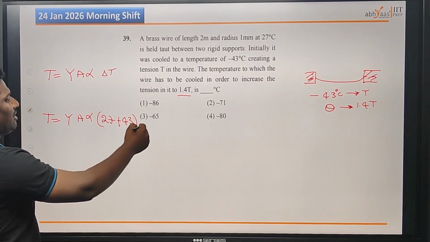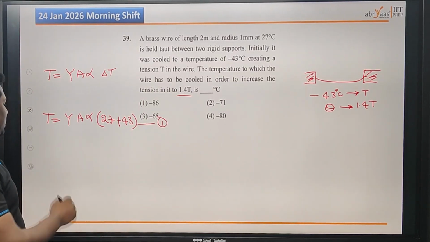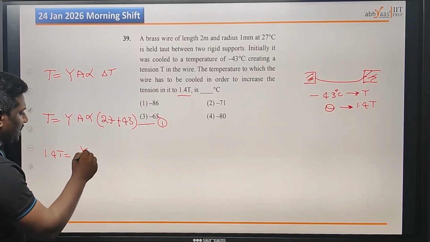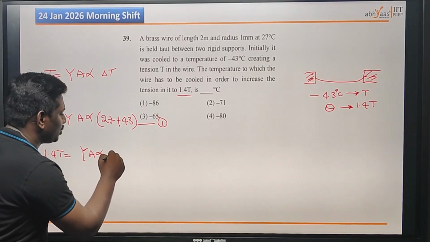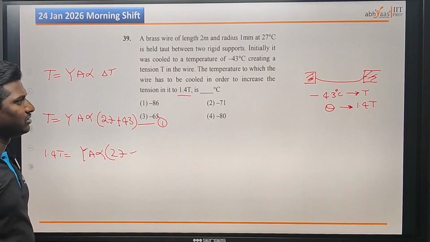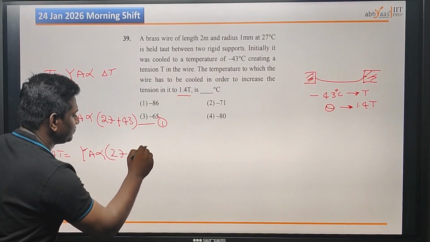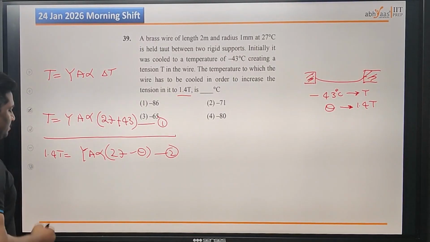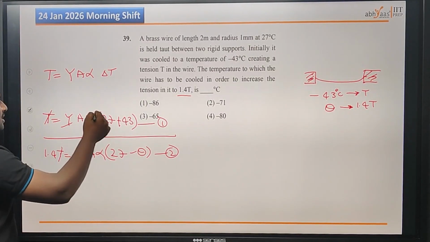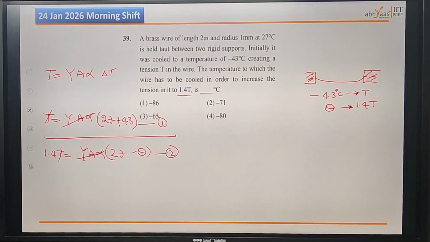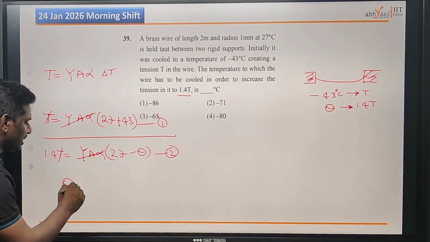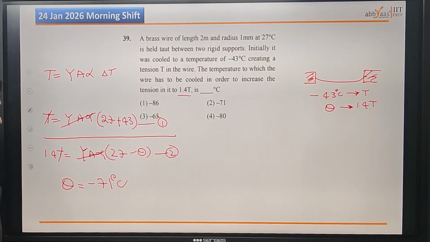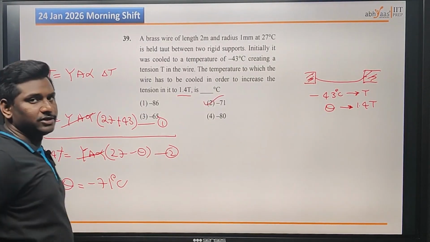This is our first condition. Next, the tension is 1.4 times T, Y A alpha into 27 minus theta, where you have to find theta. This is our second equation. If you divide these two equations, everything cancels, and you will get theta as minus 71 degree centigrade. Option 2 is the right answer.